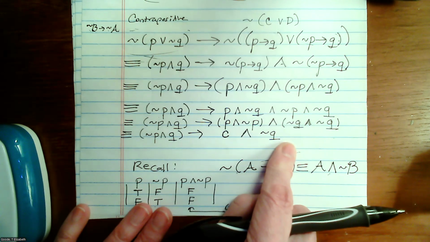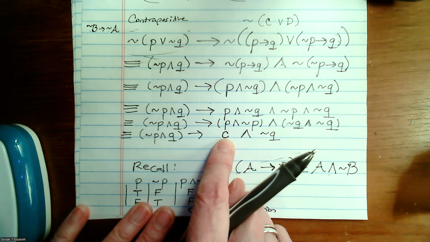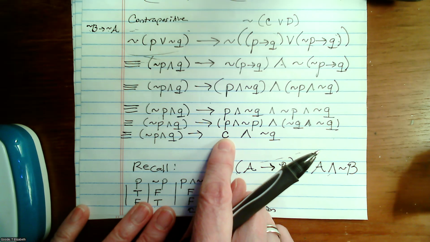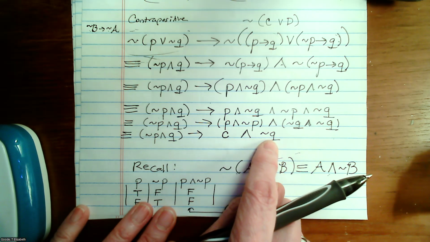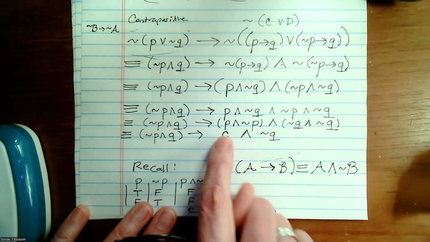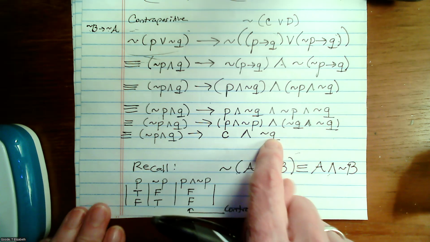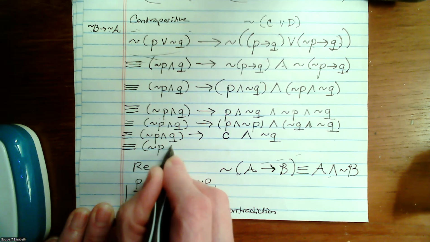But now let's think about it. A contradiction is always false, right? And we're ANDing it with not Q. But what happens when we AND together a false something with something I don't even care what that is? Oh, it's false.